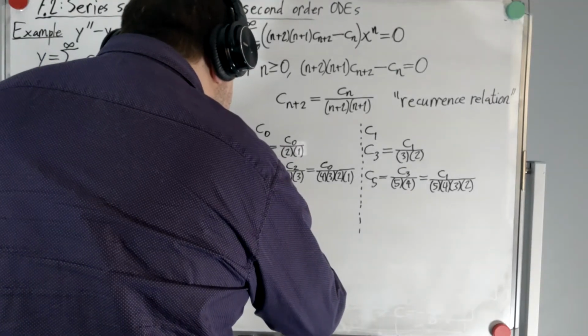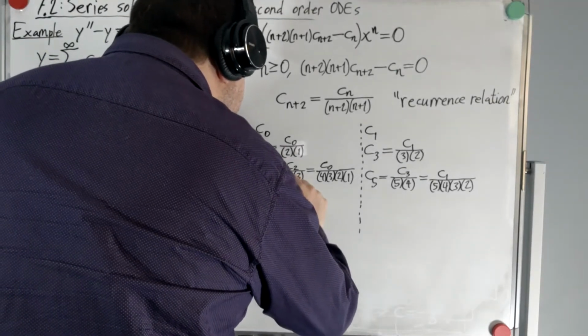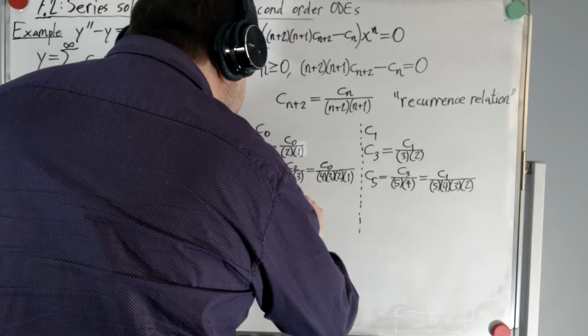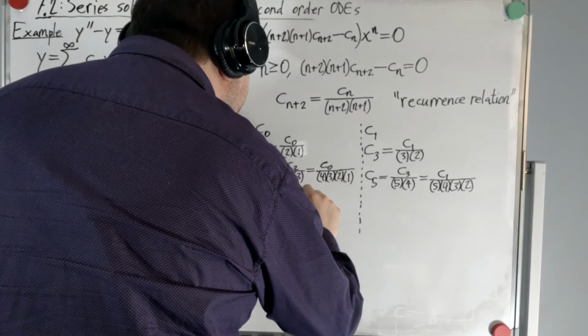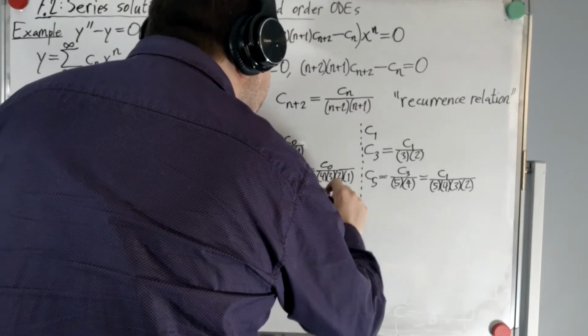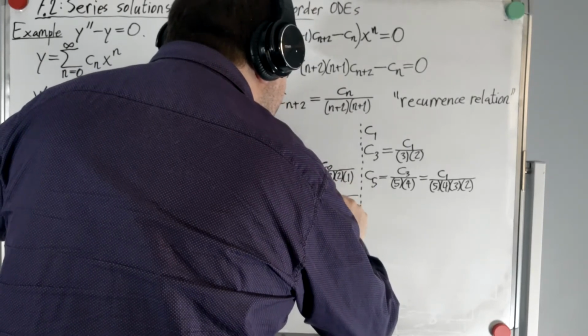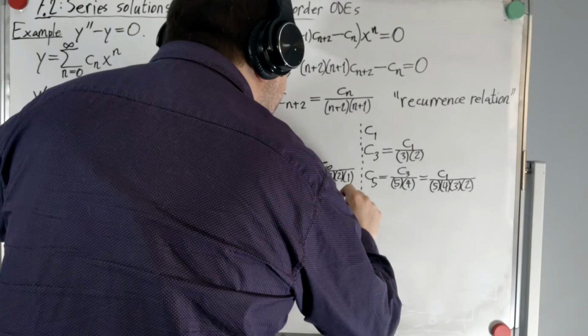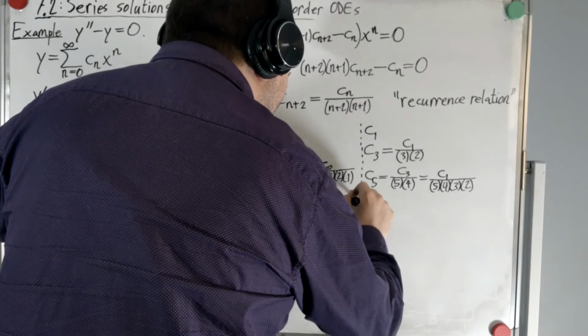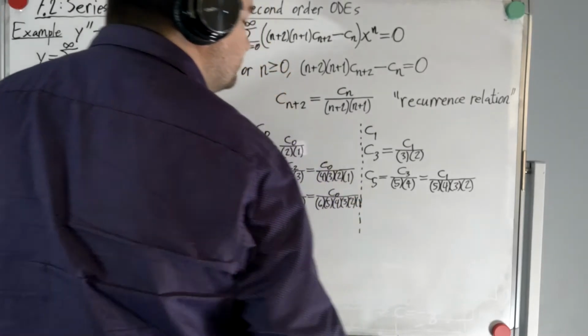C6 is going to be C4 divided by 6 times 5, which is just C0 divided by 6, 5, 4, 3, 2, 1.